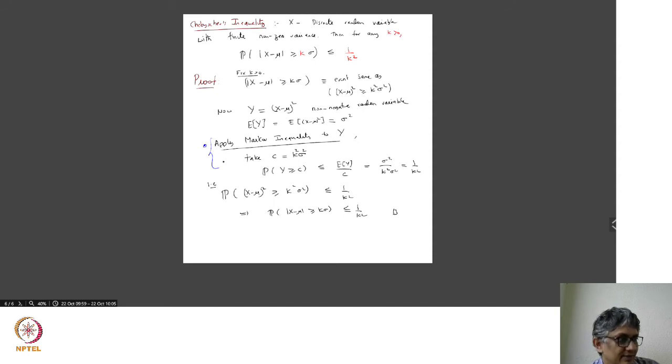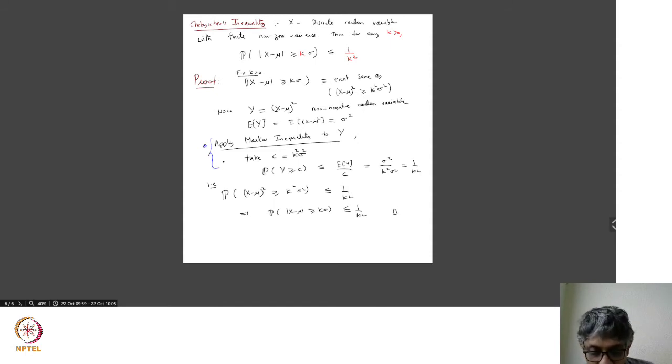There are other inequalities in probability, and if you understand more properties about X, you can get further descriptions of how close X is to its mean. This is one simple inequality that tells you the probability of X being beyond k units of standard deviation is at most 1 over k squared.